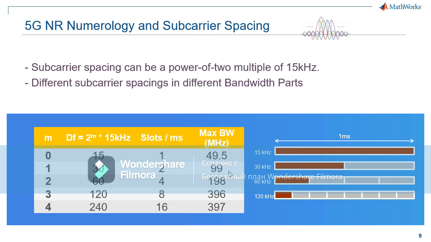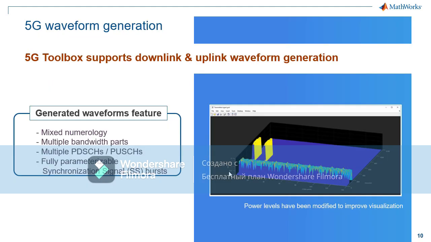And these are the types of waveforms you have to generate in order to test and validate your 5G and 5G beamforming designs. As I mentioned, the 5G Toolbox supports both uplink and downlink 5G waveform generation.